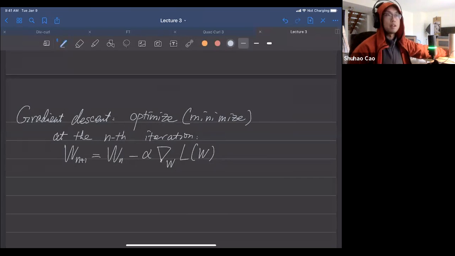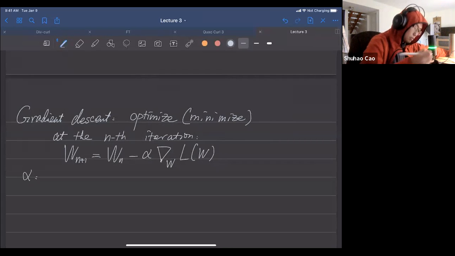So this is gradient descent. Alpha is called the step size or learning rate.